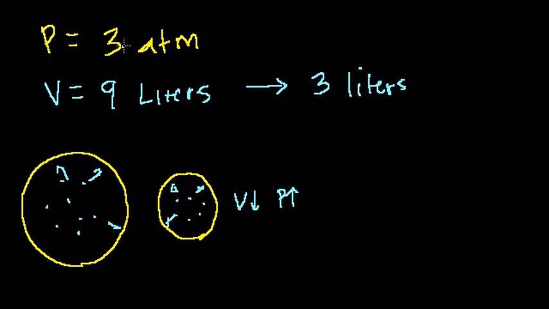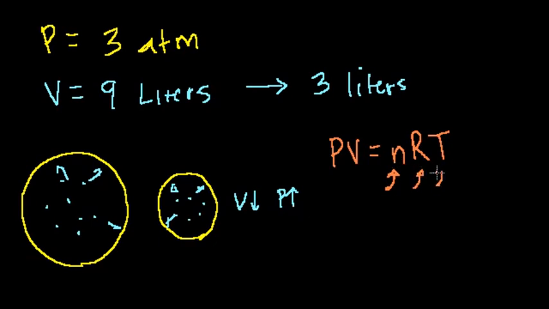So let's see if we can calculate the exact number. We can take our ideal gas equation: pressure times volume is equal to nRT. Now, does the number of particles change when I shrink the volume? No, we have the same number of particles. I'm just shrinking the container. So n is n. R doesn't change, that's just a constant.